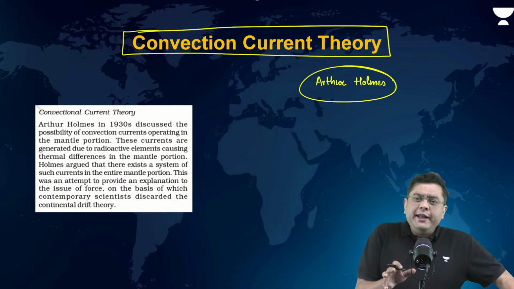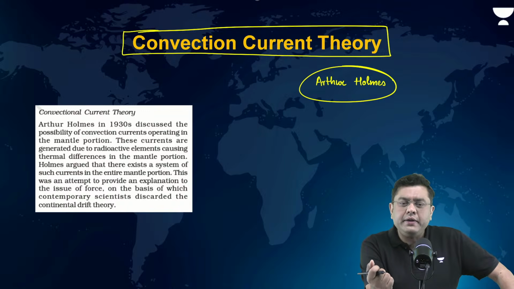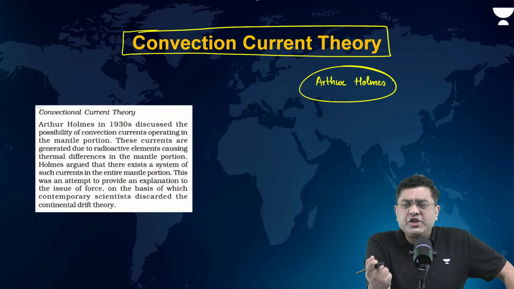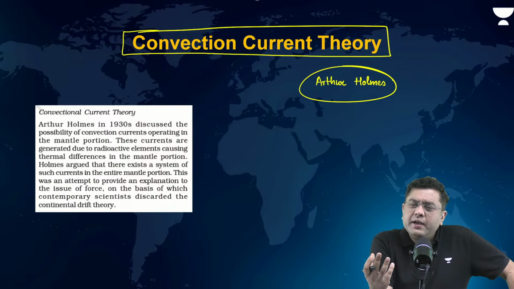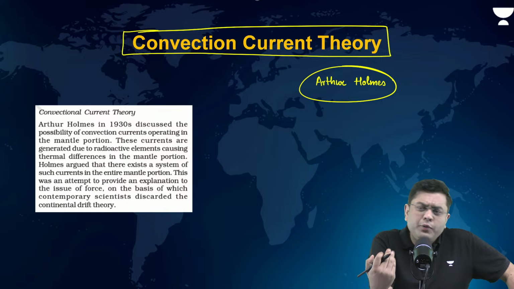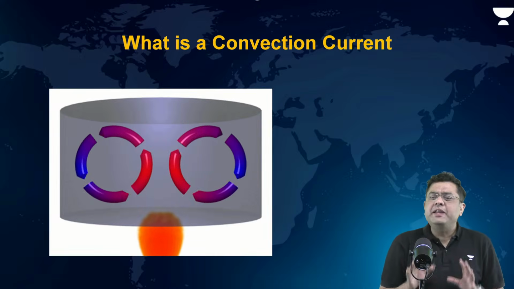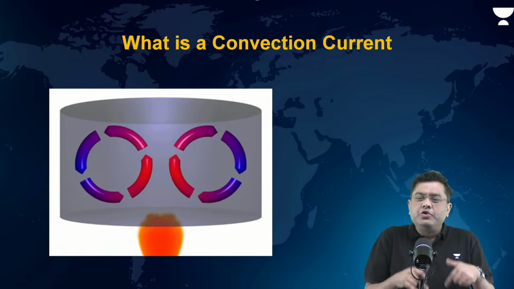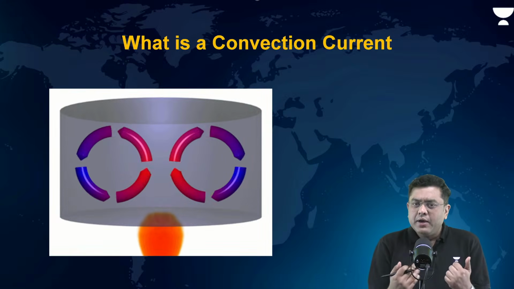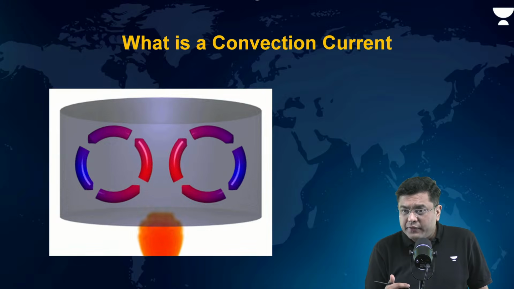Now, before going into this theory, I will show you what it actually means. What is this convection current? Let's suppose I am a new individual, a layman, and I don't know what a convection current is. So, what is a convection current? Convection current, in the simplest of terms, is the transfer of heat from one region to another via the movement of materials.